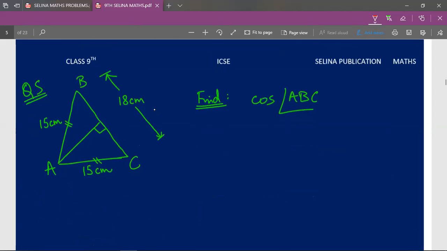Okay. So our fifth question states, find cos ABC. When I see cos angle ABC, all you have to do is assume it as any Greek alphabet. So we'll assume this as phi again.